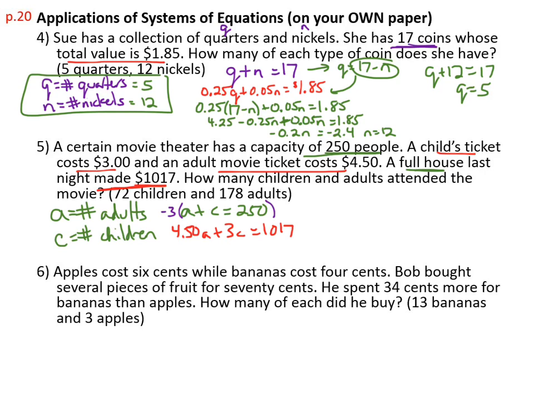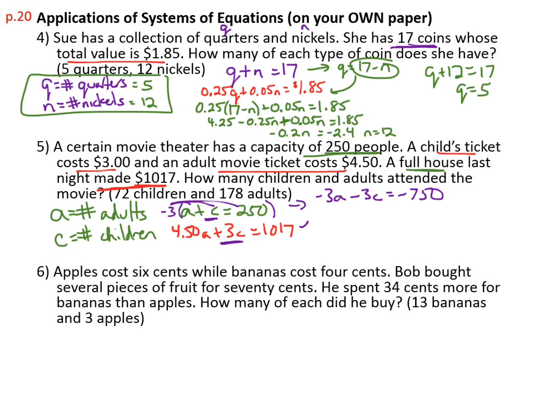And why am I doing that? Because I have a positive 3C where I have a positive C up top, and when I distribute that -3 to everything, then that's going to give me -3A minus 3C is equal to, and that would give me -750.